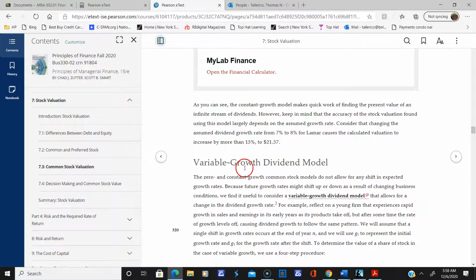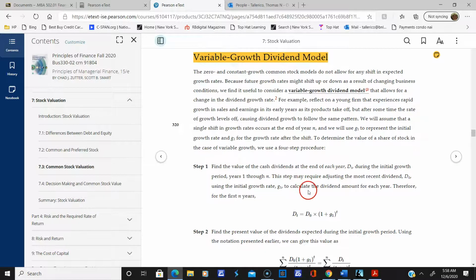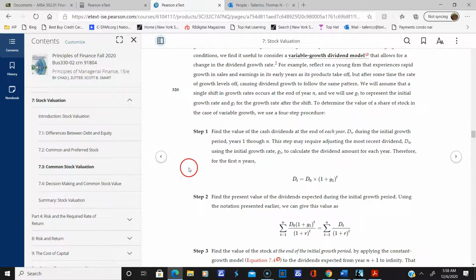And there's a variable growth rate model, which basically shows us how dividends will grow at a variable rate. I don't want to hold you responsible for the variable growth model because the mathematics gets very complicated here. I just want to show you there are several steps to get the variable growth model. So this is not something you've got to worry about.